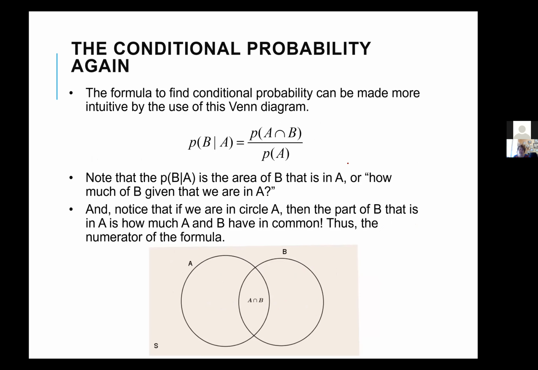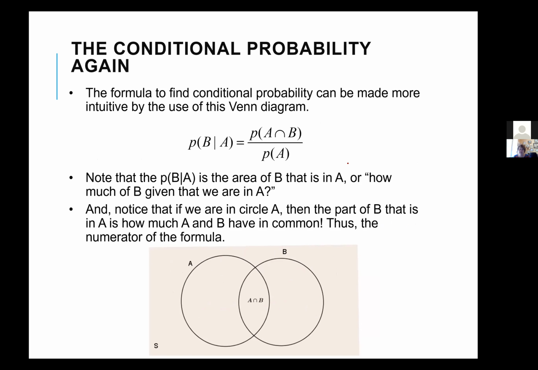From Tuesday, we got the conditional probability. The conditional probability, P(B|A), is the probability that B occurs given A has already occurred.